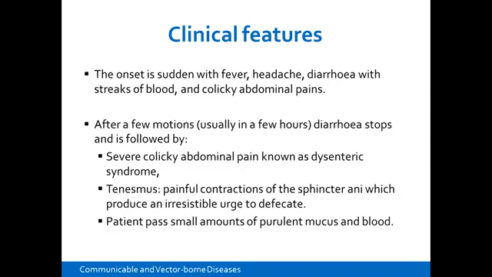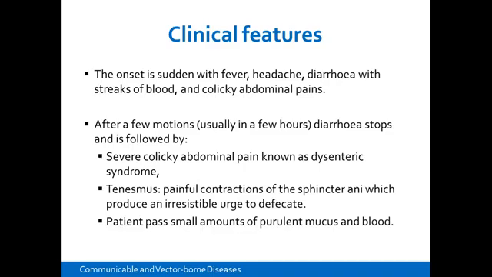So you expect that in bacillary dysentery the onset will be very sudden. Now, because of the release of the endotoxins, we normally have fever, headache, and diarrhea, and because of the destruction of the mucosal layer of the epithelium, we have streaks of blood and colicky abdominal pains.